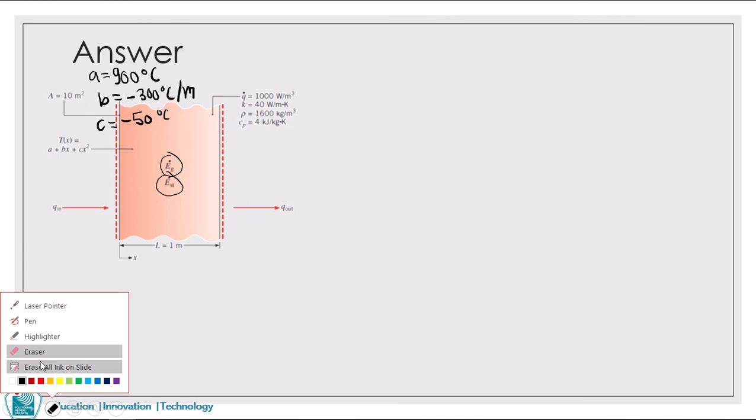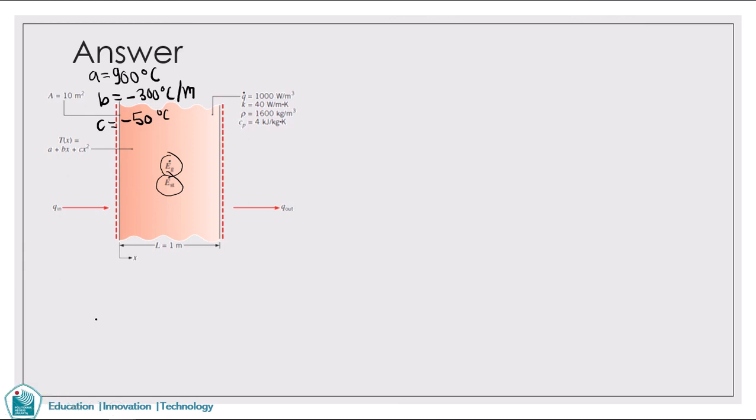And to remember, we need to write the function of T. T is equal to a plus bx plus cx squared. Okay, the second question.